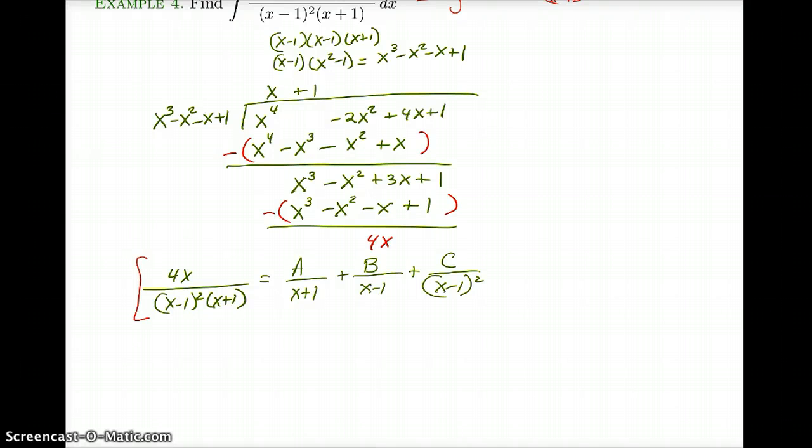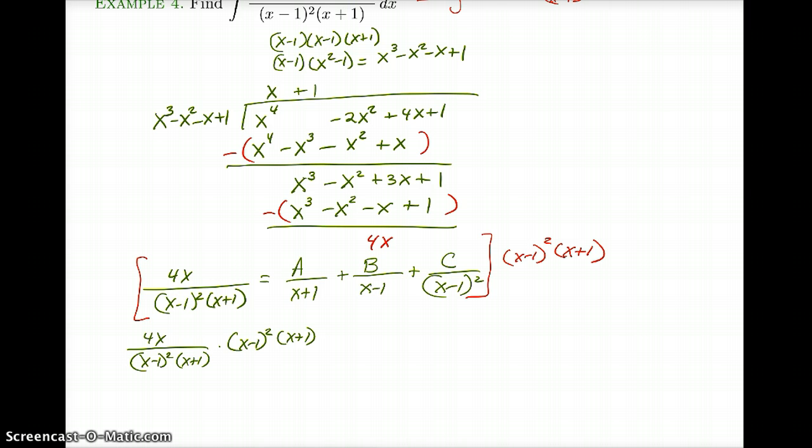I'm just going to take this equation and multiply both sides by the denominator. So I'm going to get 4x over x minus 1 squared times x plus 1 multiplied by x minus 1 squared times x plus 1.